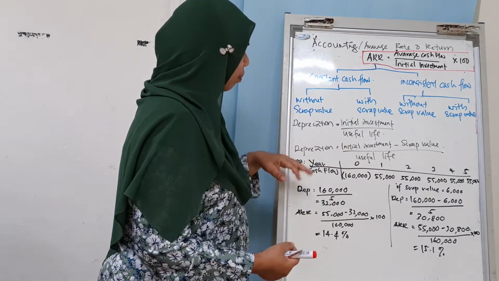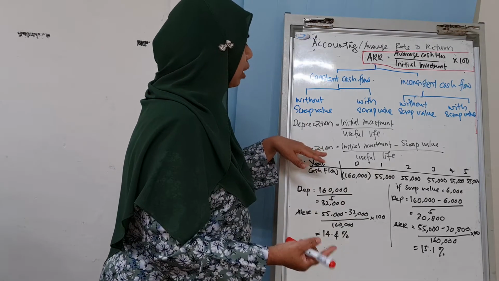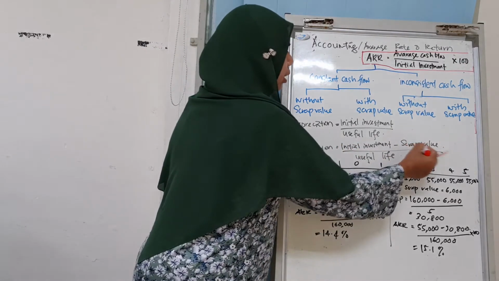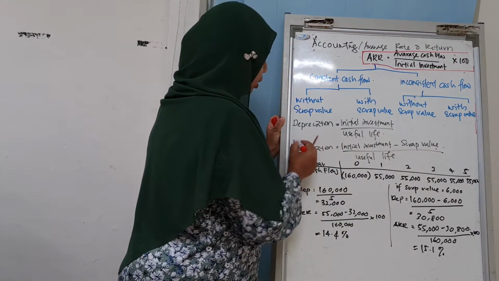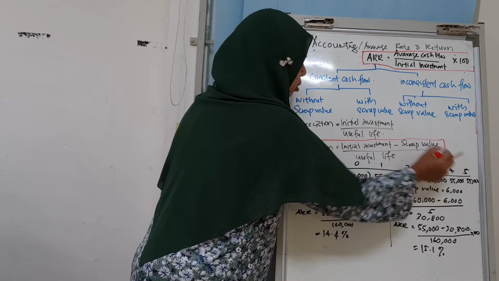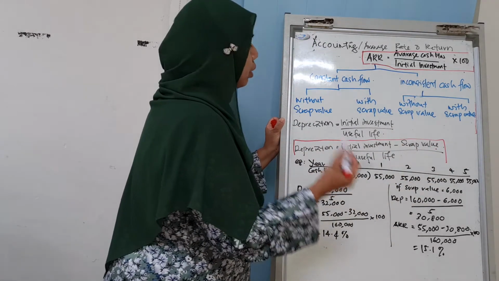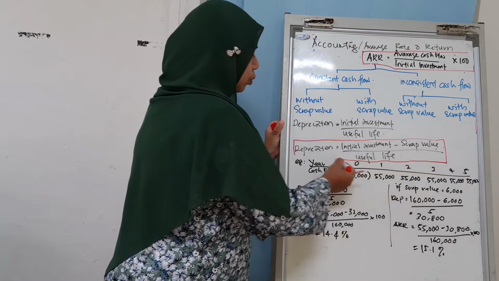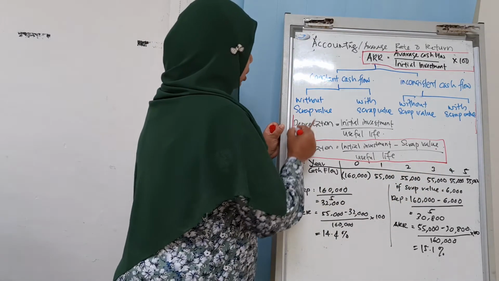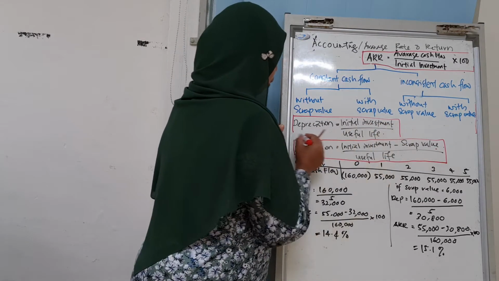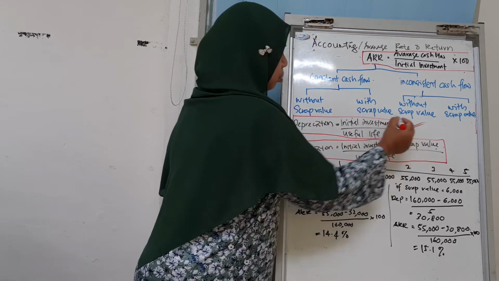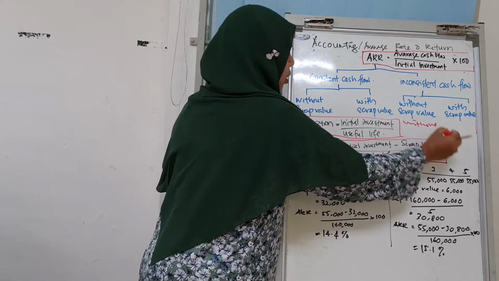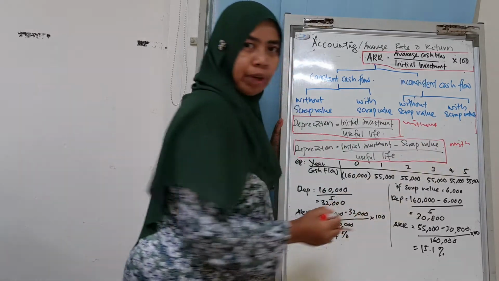For the other formula, with scrap value, depreciation is initial investment or total investment minus scrap value divided by useful life. So the first one is without scrap value, and this one is with scrap value.